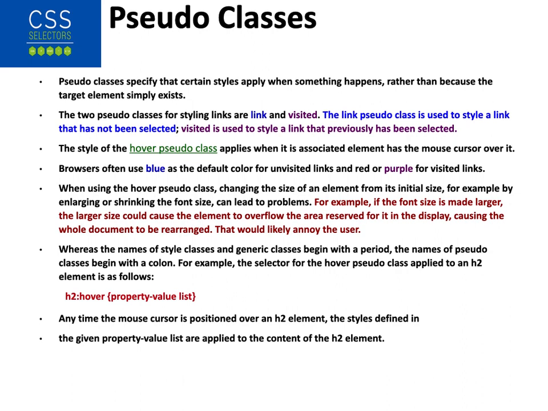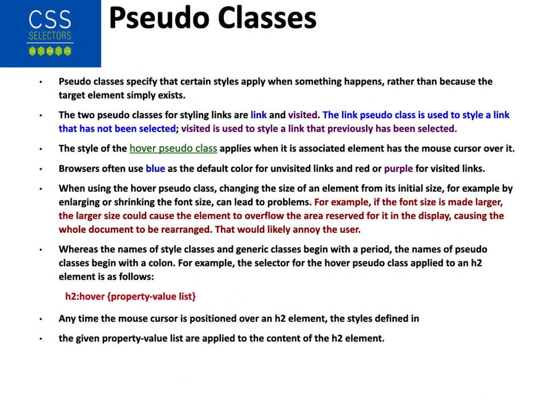And another thing is the style of hover pseudo class that applies when its associated element has the mouse cursor over it. Browsers often use blue as the default color for unvisited links and red or purple for visited links.